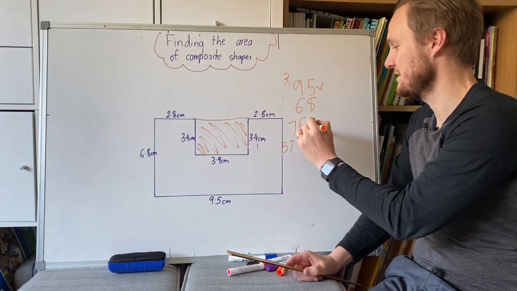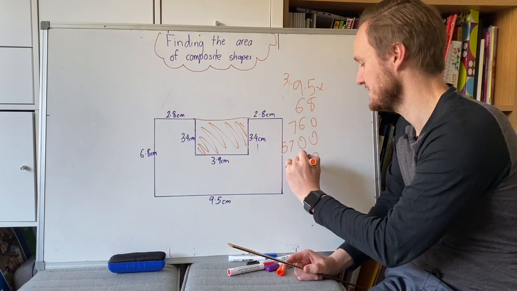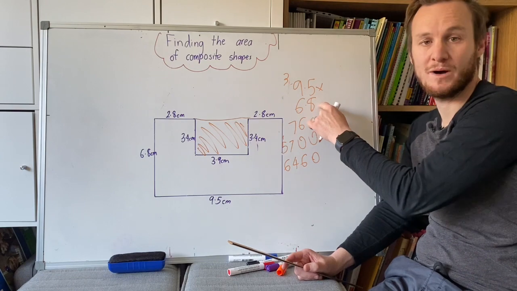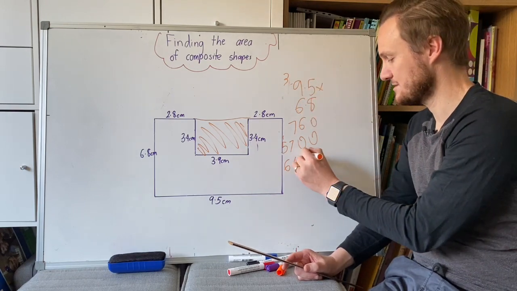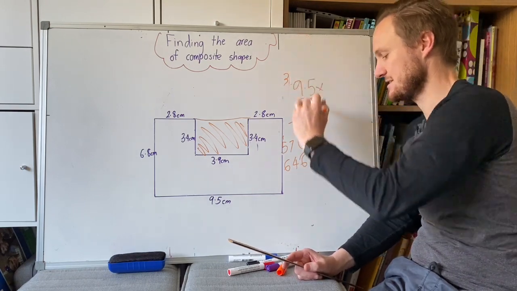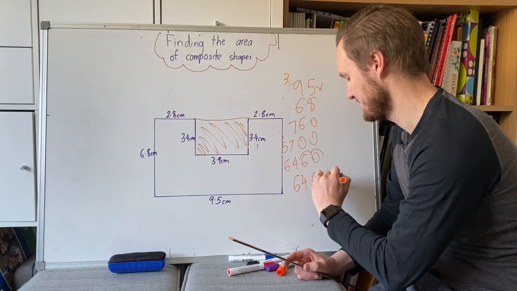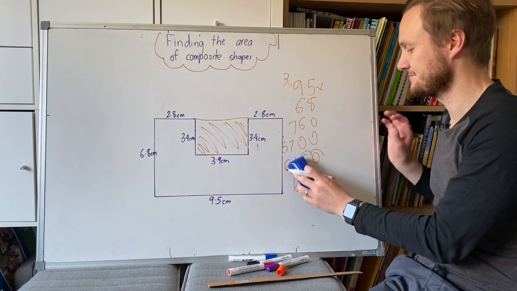Go down here and go 0, 6, 14, 6. Now remember to go back once, twice, once, twice. So the whole rectangle itself is 64.60. All right, let me rub this out.